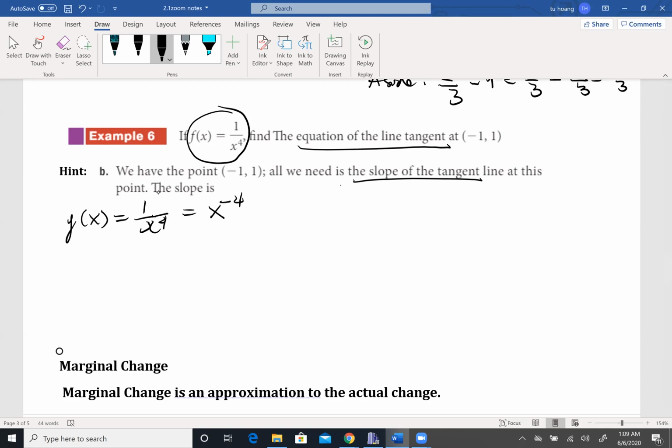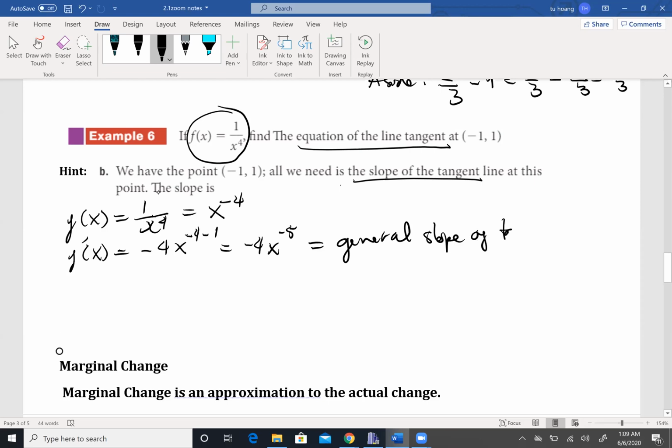And then I find the derivative: f'(x) equals negative 4 put down, times x to the power negative 4 minus 1, and now I have negative 4 times x to the power negative 5. Okay, so that is the general slope of the tangent line.